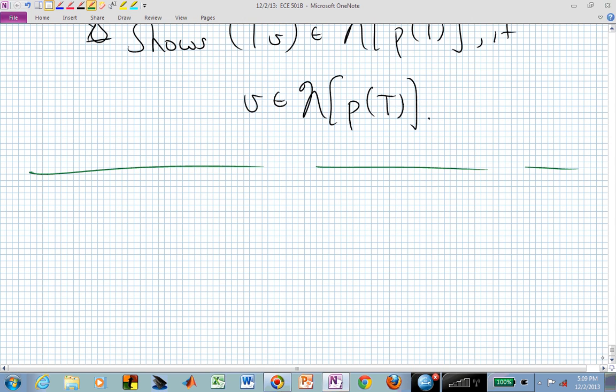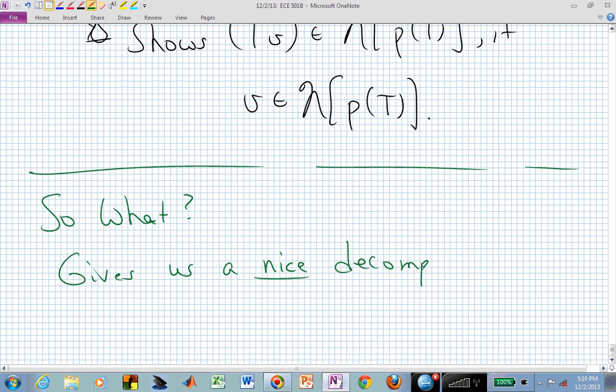Now that we know something about T and P of T as far as being invariant, now we can actually provide a nice decomposition. So this gives us a nice decomposition.